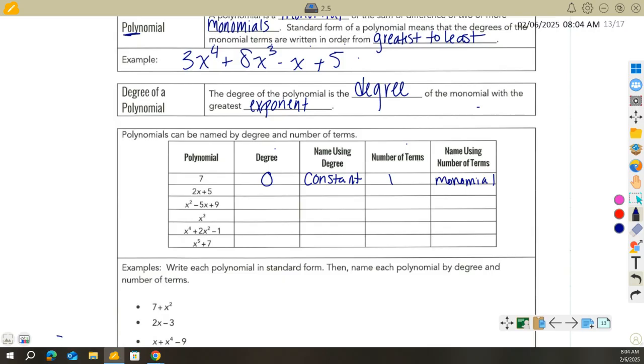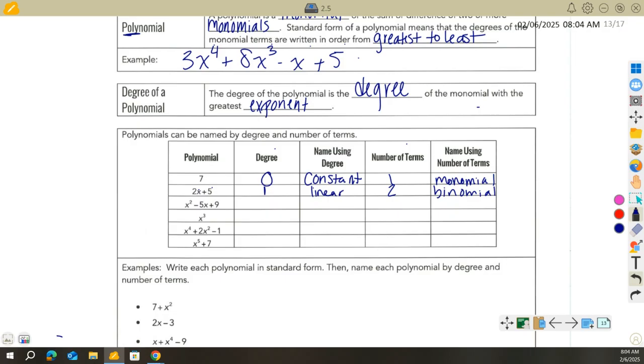This has a degree of 1. So this is a linear, which is what our whole last unit was about. We looked at linear equations. We call them linear because the degree is 1. The number of terms, we have 2 terms. So this is a binomial. Bi means 2. So we have 2 terms.